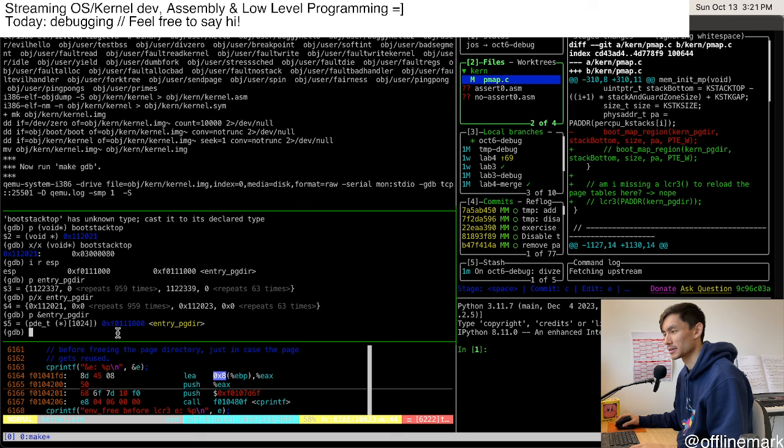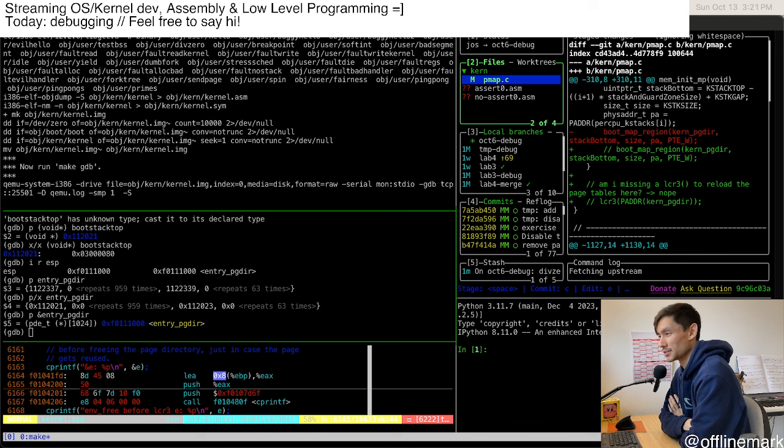It looks like our stack is pointed at entry page dir, which is extremely wrong. Entry page dir is like our page tables. Let me just do one more step in.